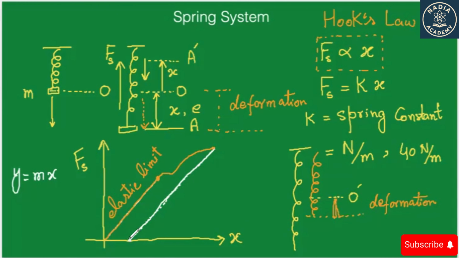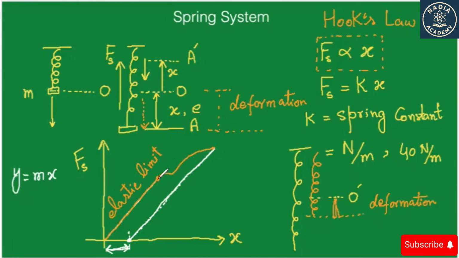It would return over here at this point. At this point, you can see that there is some extension that your material still has. So it means that you still have some kind of deformation, which is now permanently in your system.